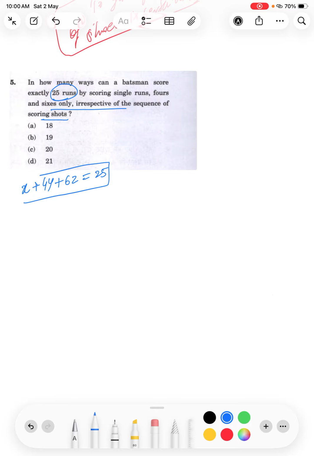So this is the equation that you have created. Just think about the limiting variable here.